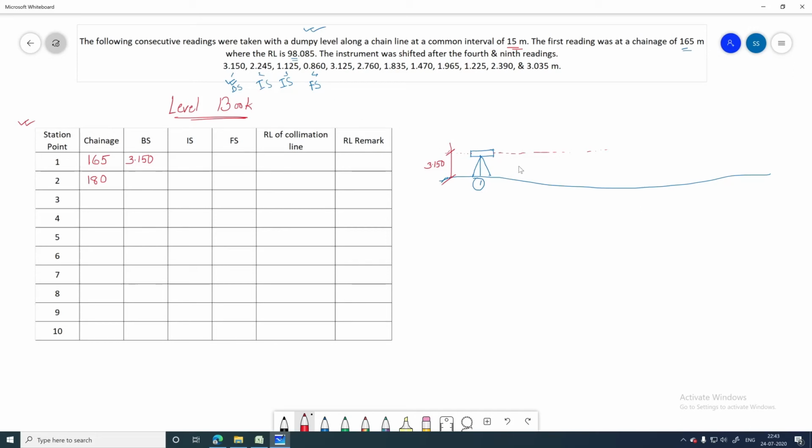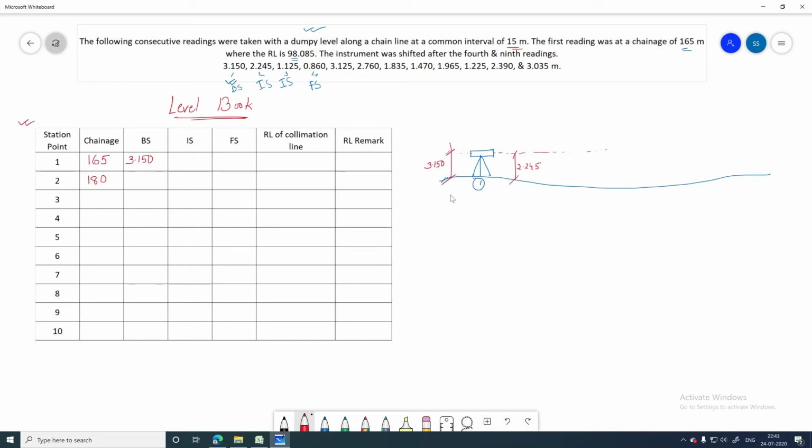Graphically, suppose this is the second point and this is the second reading, 2.245, and the chainage here is 180.